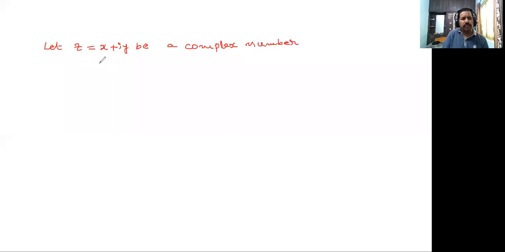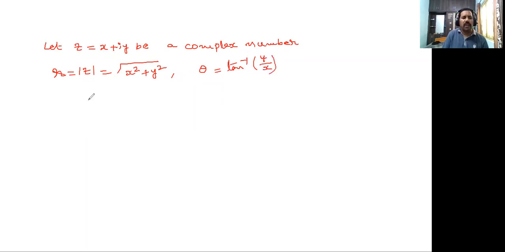So here, what is mod z? Mod z, that means r. r is equal to mod z, that is equal to under root x square plus y square. Now, what is amplitude theta? What is the formula? Tan inverse of y by x.